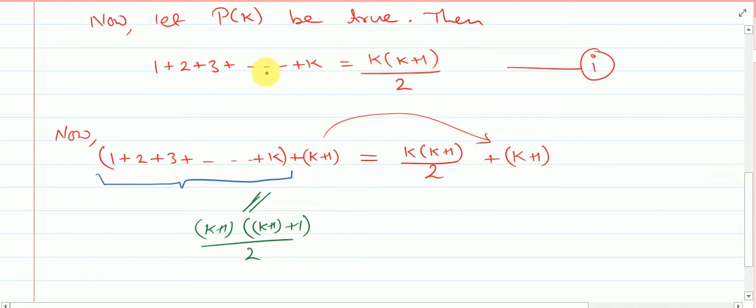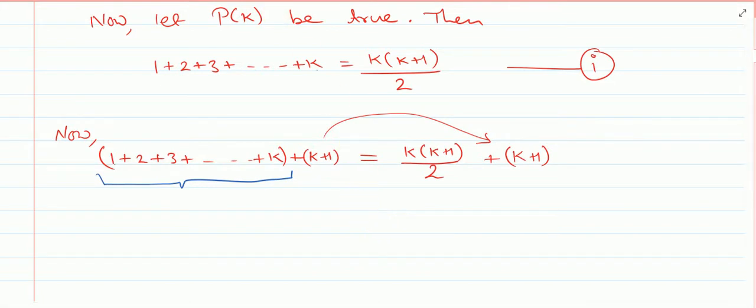Like here the last term is k, so on the right hand side it is k plus 1 upon 2. So here in this case the last term is k plus 1, so on the right hand side I want to bring this k plus 1, and in bracket k plus 1 by 2, using the same pattern. If we could show that, therefore this statement will be true for every natural number.